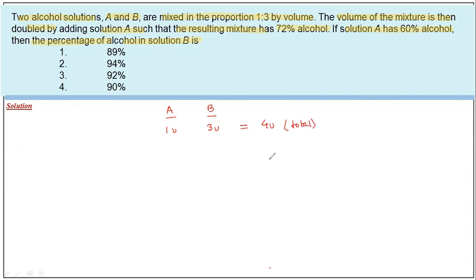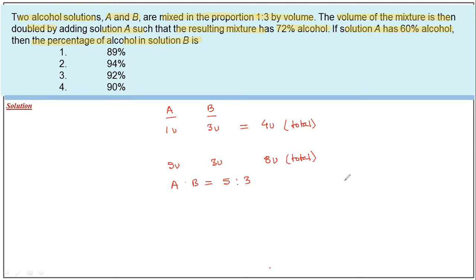Now this is doubled, means it has become 8 units by adding A, so that means 5 units of A present. So basically in this final mixture, ratio of A and B is 5:3.